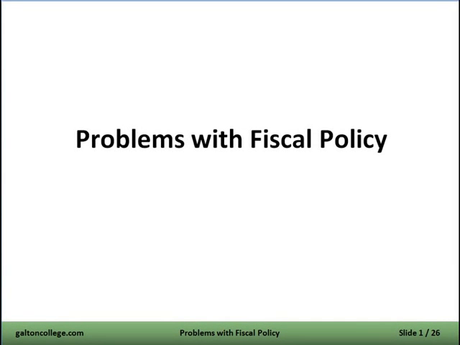In this class we want to talk about problems with fiscal policy. Now, fiscal policy is simply government expenditure and government revenue, mostly in the form of taxation. So here we're discussing issues associated with government expenditure, government taxation, and the use of fiscal policy to bring about some objective.